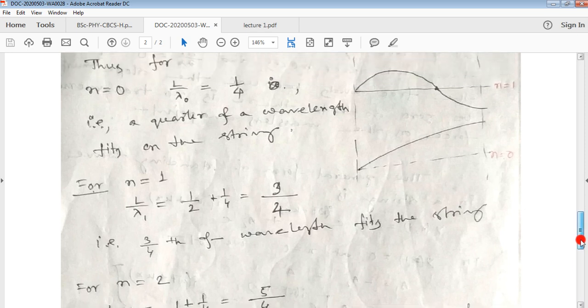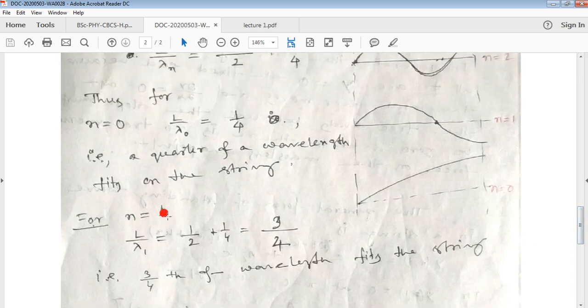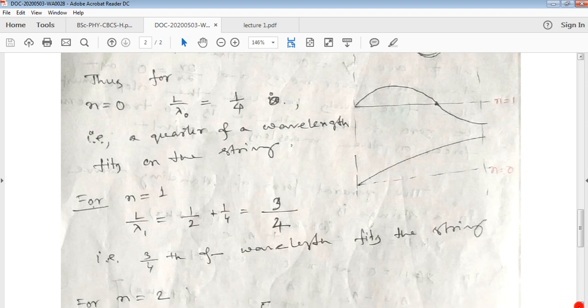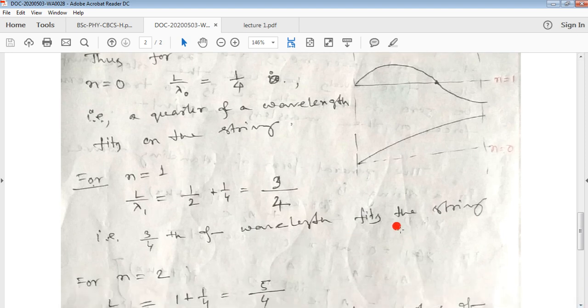Now for the n equal to 1 case, if we substitute n equal to 1 in this expression, we have L by lambda 1 equal to 3 by 4. So it means 3 by 4 of the wavelength fits on the string.